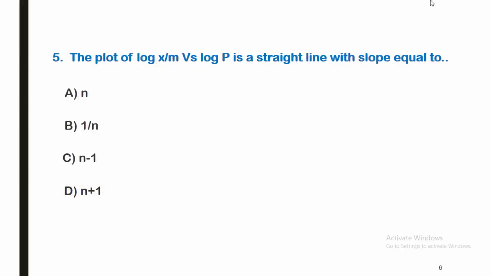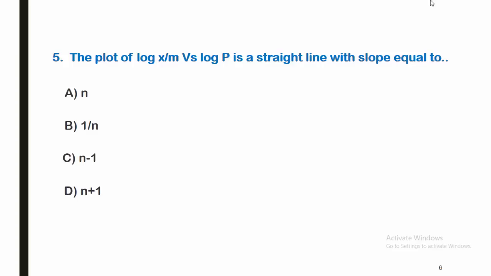Next, the very important question: the plot of log x/m versus log p is a straight line with slope equal to. Let us understand the question, where a graph of log x/m versus log p is given, which is a straight line, and the question asks for the slope.